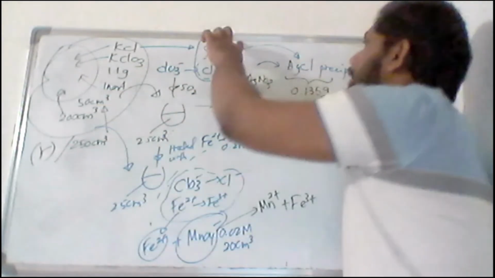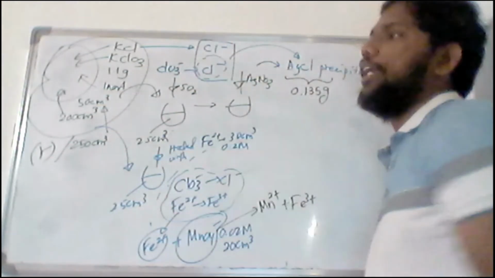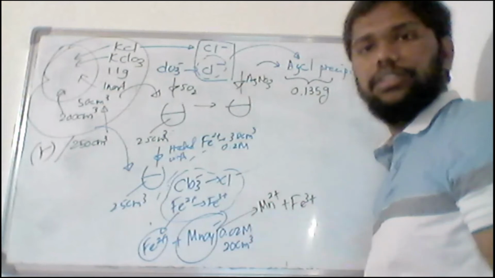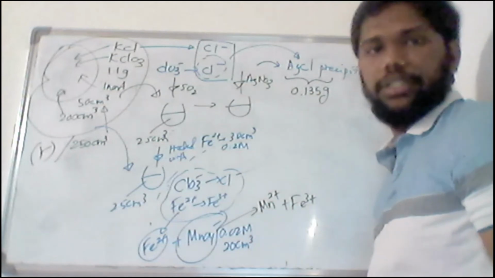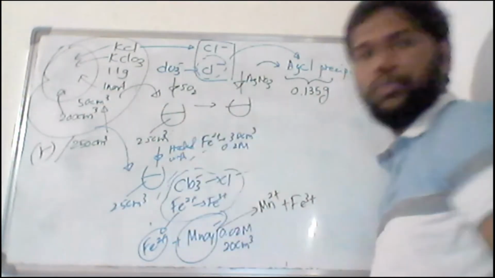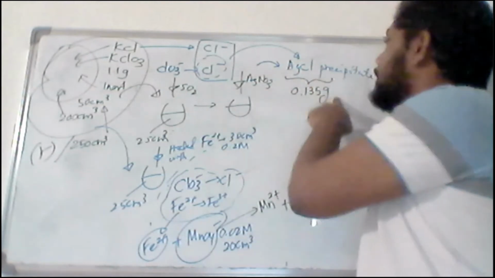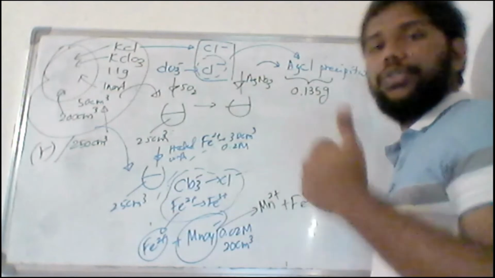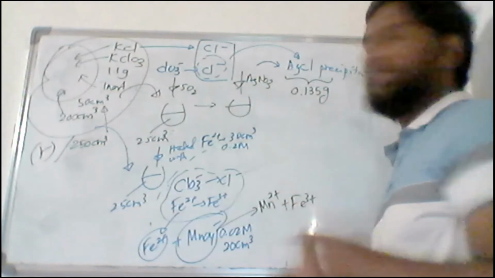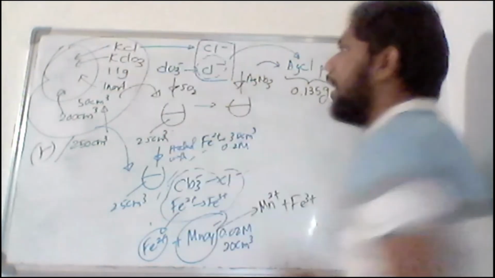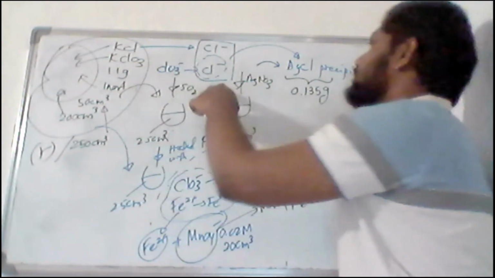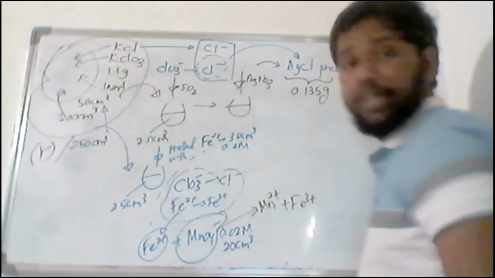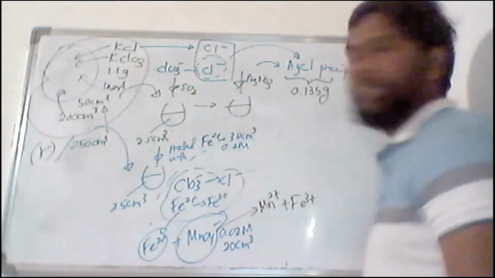So that is why here we can find the total amount of chloride in this solution after the treatment of SO2. And when you find the number of moles of AgCl precipitated, it should contain Cl minus that was given by KCl and Cl minus that was given by ClO3 minus because of the treatment with SO2.